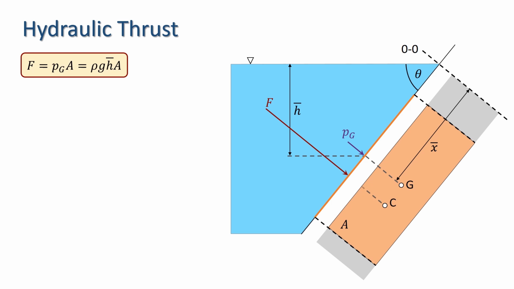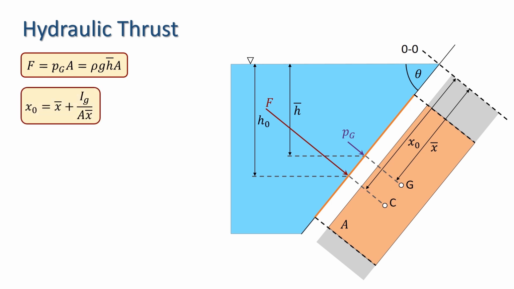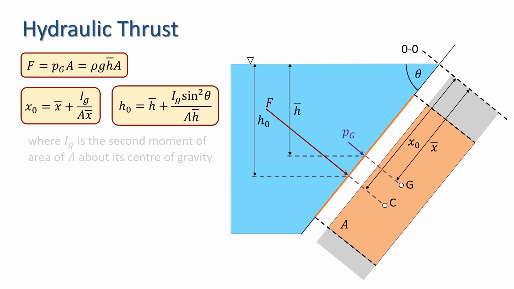If x0 is the distance of C from OO in the plane, and h0 is the corresponding depth, then we know that x0 equals x bar plus Ig over A x bar, and h0 equals h bar plus Ig sine squared theta over A x bar, where Ig is the second moment of area, or moment of inertia, of A about its centre of gravity, and theta is the angle between the plane and the free surface of the liquid.